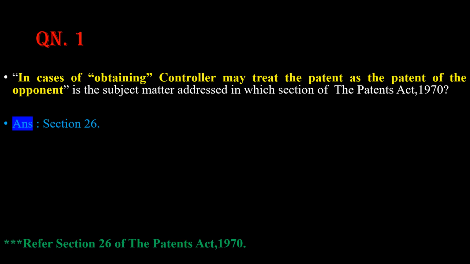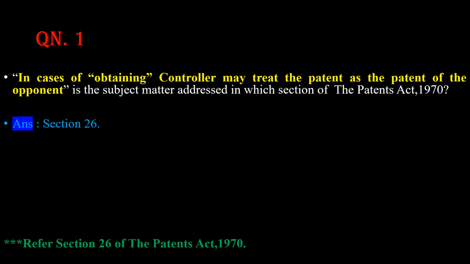Friends, after refreshing our memory from the old slide where we had established a relationship between form number 12 and its relevant sections and rules, let us continue with our question series. Question number 1 is, in cases of obtaining, controller may treat the patent as the patent of the opponent.